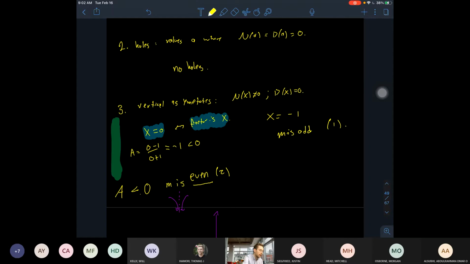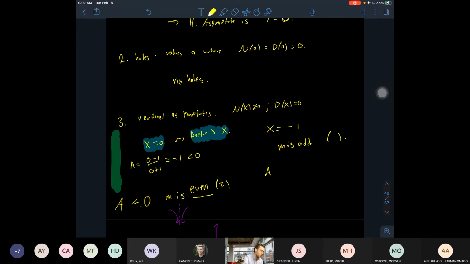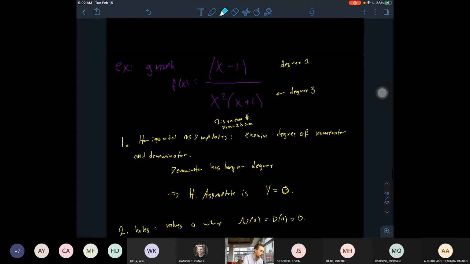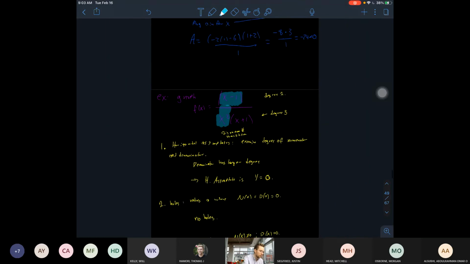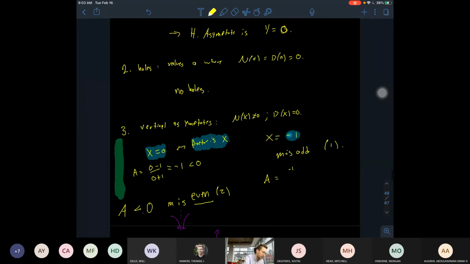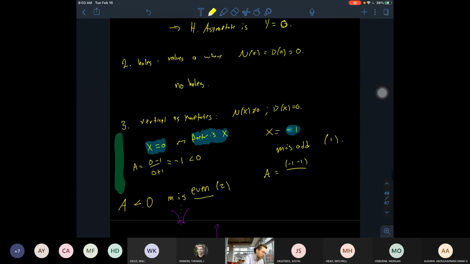And now I want to check about a. Remember, a is what we get if we plug -1 into what I would call the leftovers, the stuff besides the 0. If we plug into the 0, the denominator is just going to be 0, and that's boring. So we just want to check what happens when we plug x equals -1 into the other guys. So I'm going to do -1 minus 1 on the top, and then the denominator will be -1 squared.